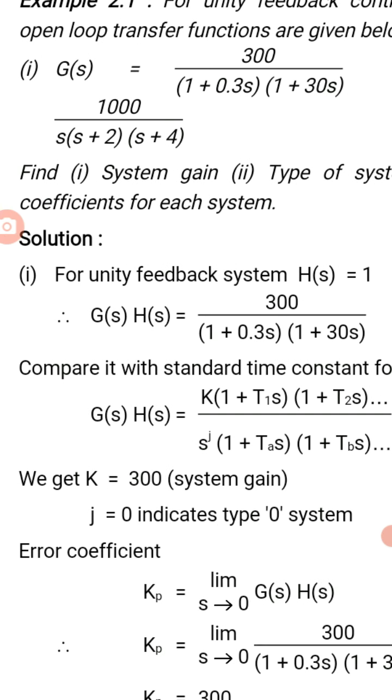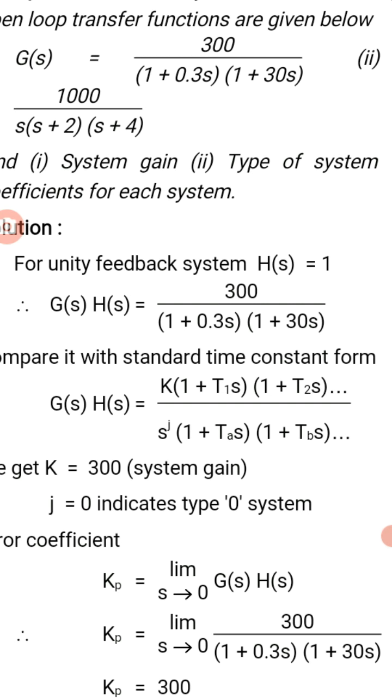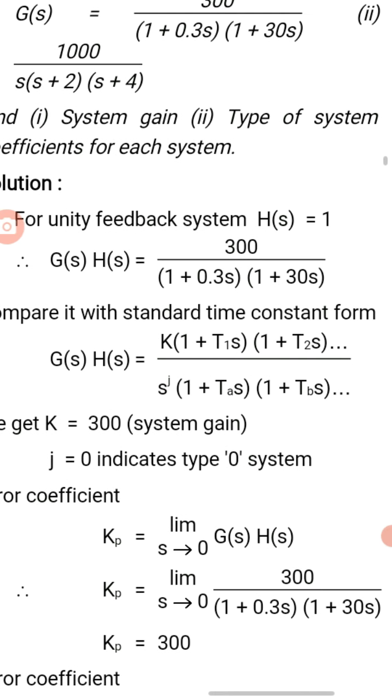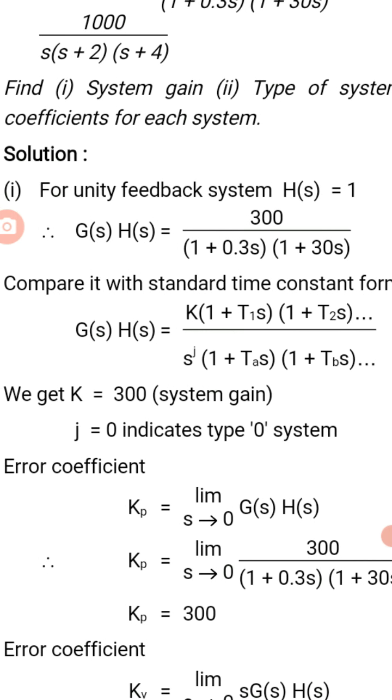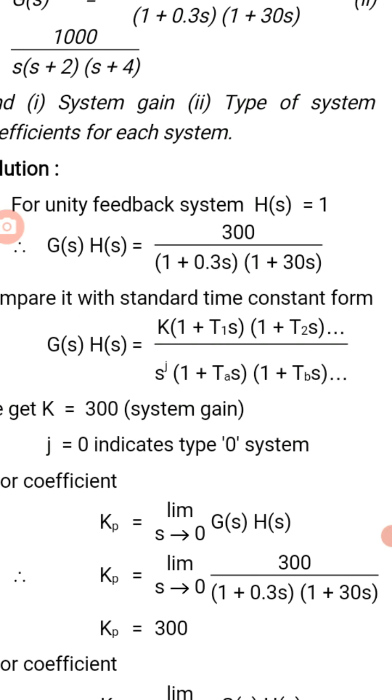So compare it with the standard time constant form, that is K into 1 plus T1 S into 1 plus T2 S upon S raised to J into 1 plus Ta S into 1 plus Tb S. K is equal to 300, which is also called the system gain. J is equal to 0 indicates a type 0 system.